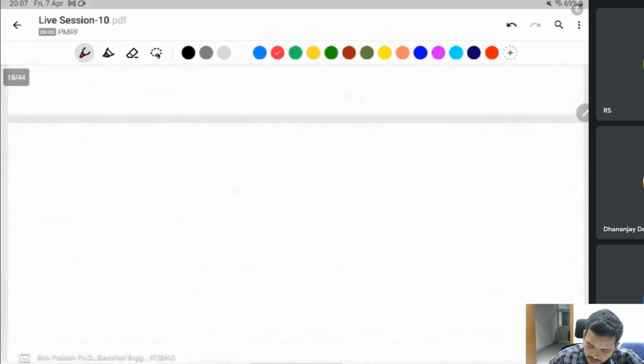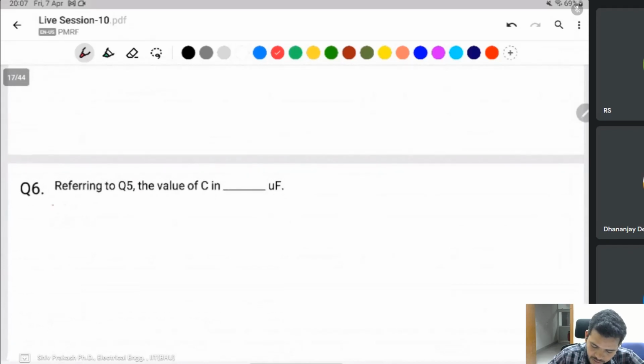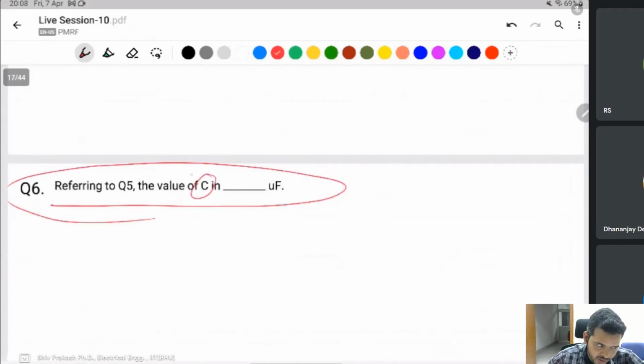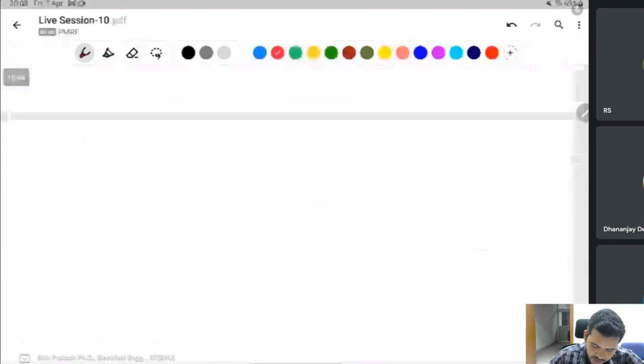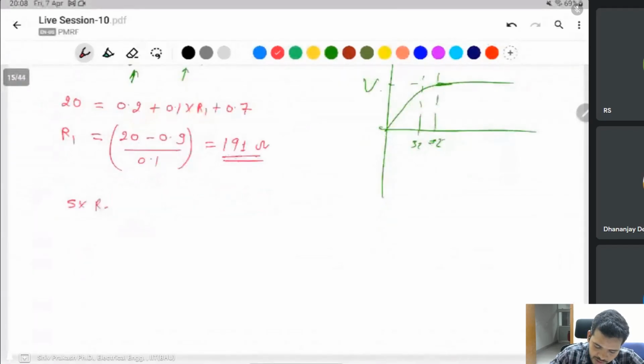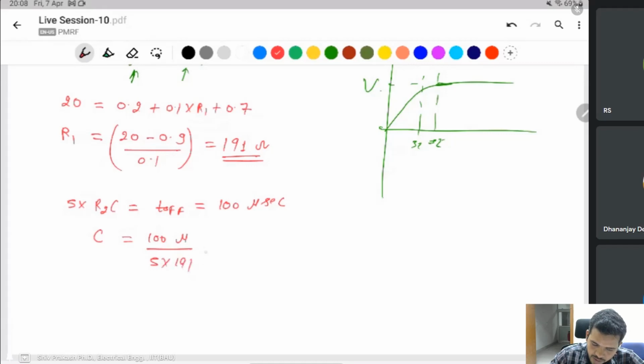The next question asks about the value of the capacitor C. T off of R2C is the turn off time, and T off is given as 100 microsecond. So C is 100 microsecond divided by 5 times R2, which is 191.105 microfarad.